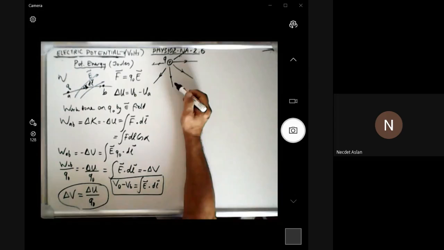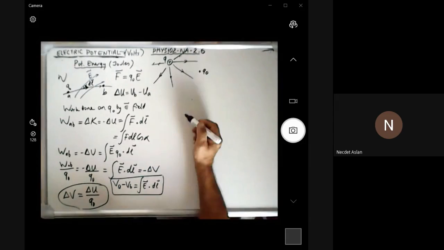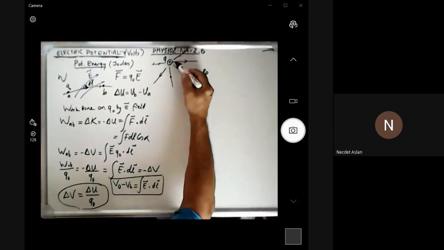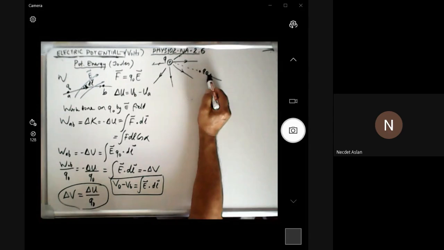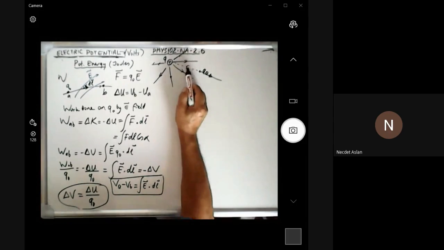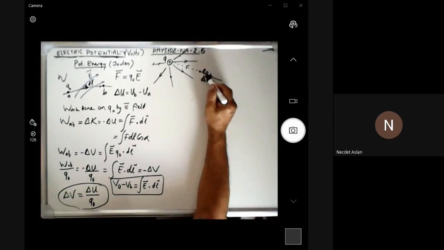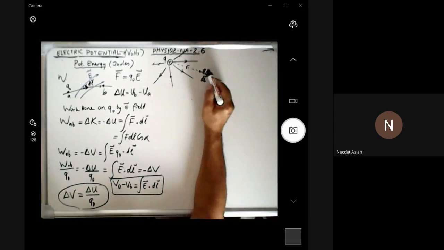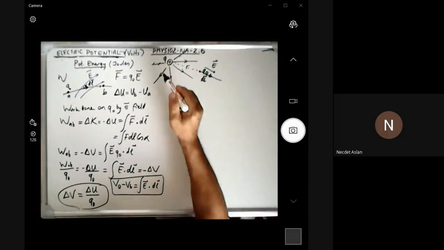We would like to put a test charge here, Q0, and allow it to move in the direction of the electric field, so that it will move in this direction if it is put R away from this Q. Now dl is this, and this is our test charge, which is moving exactly in the same direction as the electric field created by Q.